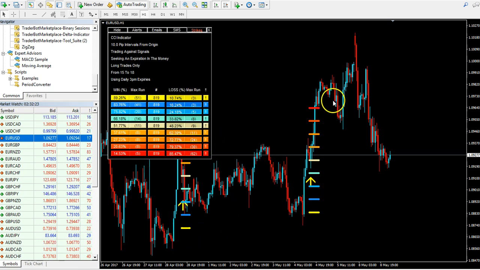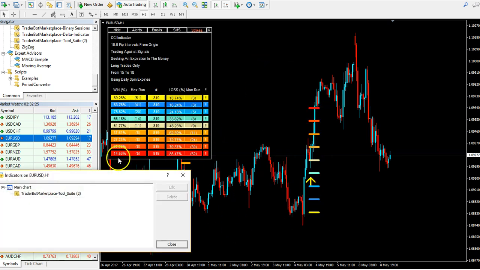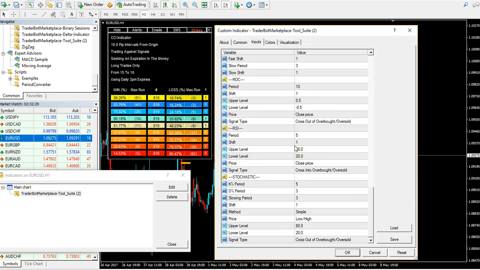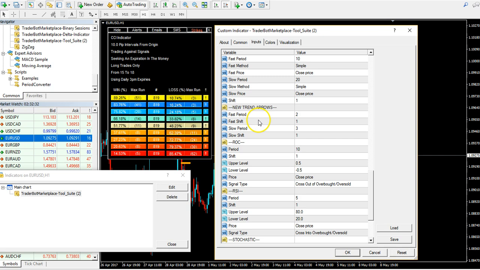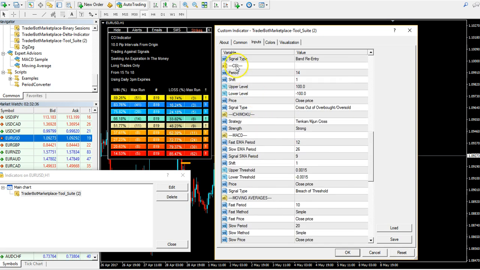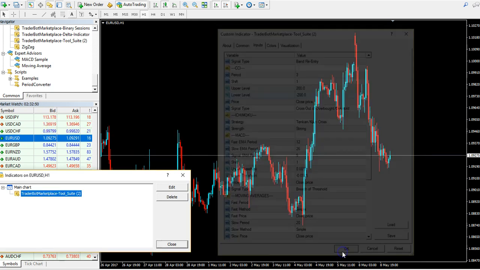There we go. Okay. What if I want to change the parameters on the CCI? I'll just go down here and find it. Right there. What if instead of a 14 period, I want to use a 3 period? What if instead of an upper and lower level of 100, I want to use a 200? Let me see how many trades that gives me.